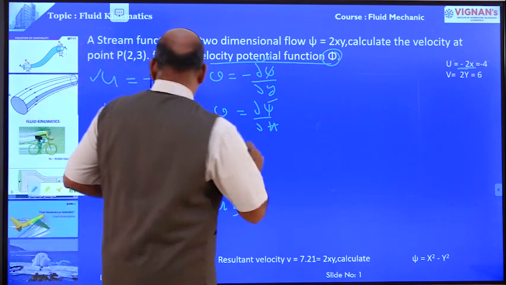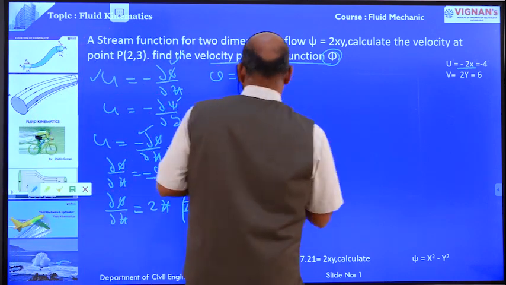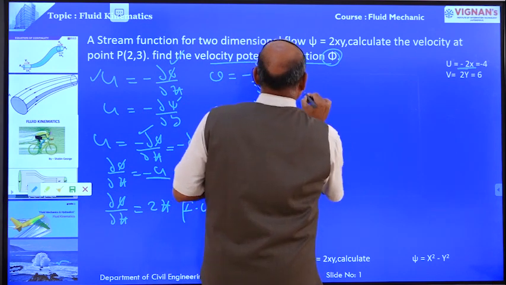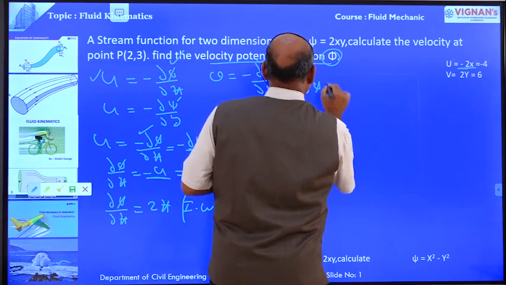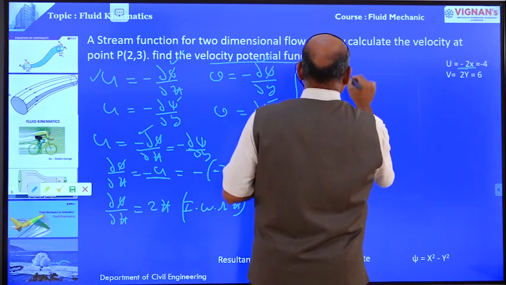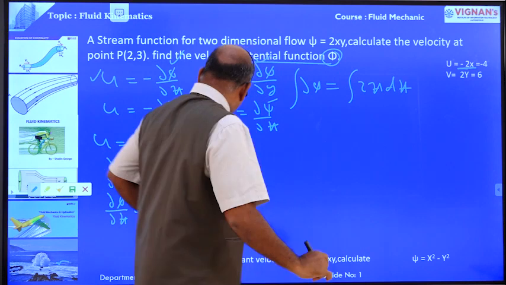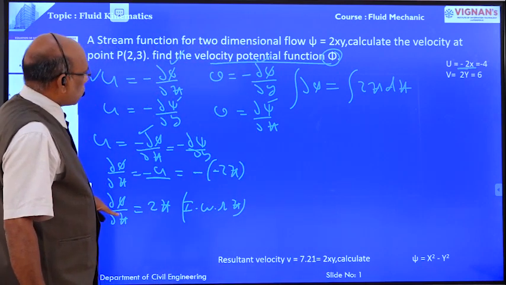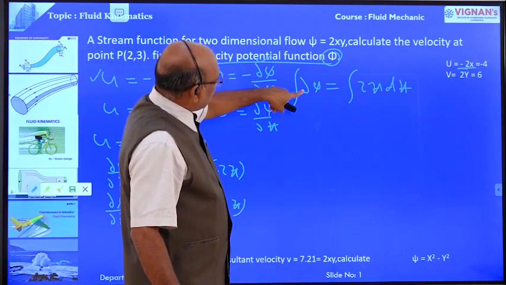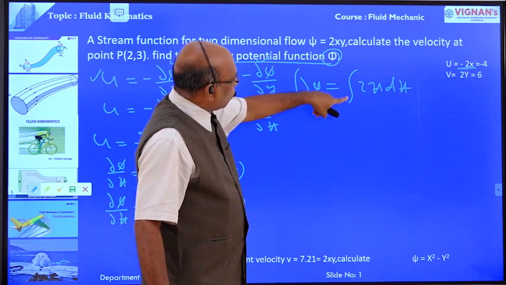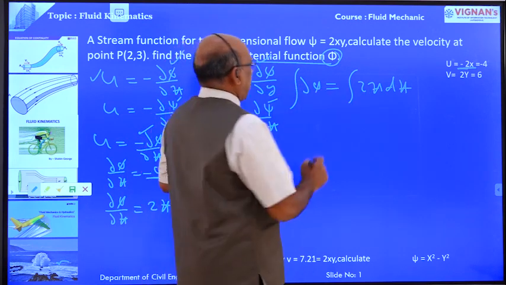Then we have dou phi is equal to integral 2x dx. Therefore integral dou phi equal to integral 2x dx.